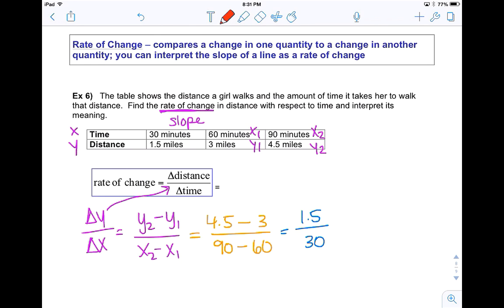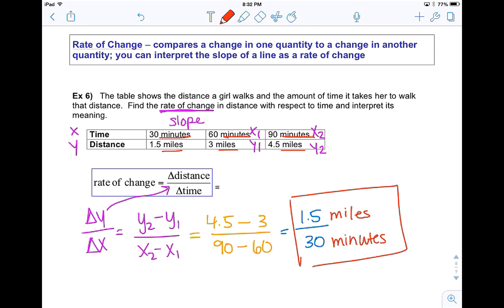So if that numerator represents our distance, the unit of measure we're using here is miles, so it's going to be 1.5 miles for, and then we've got 30 in the denominator, and that's our x. And the unit we're using there is minutes, so 30 minutes. So that means she's walking 1.5 miles every 30 minutes.